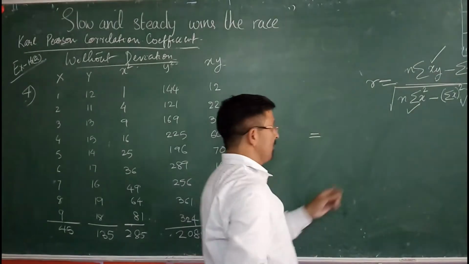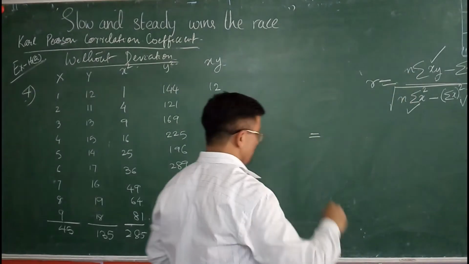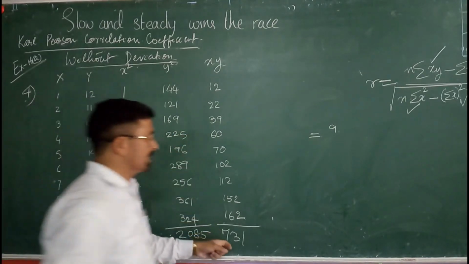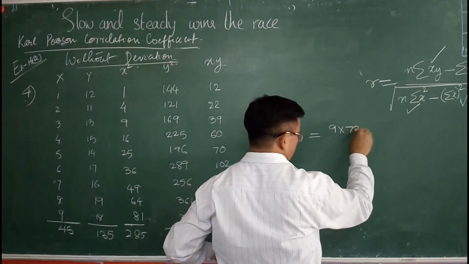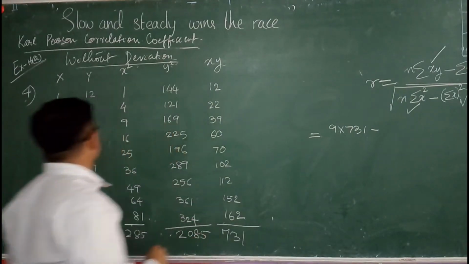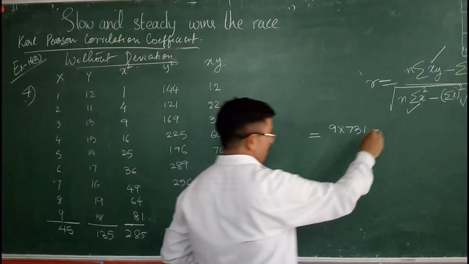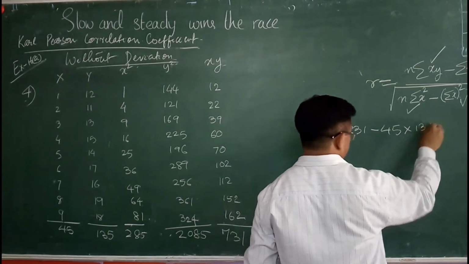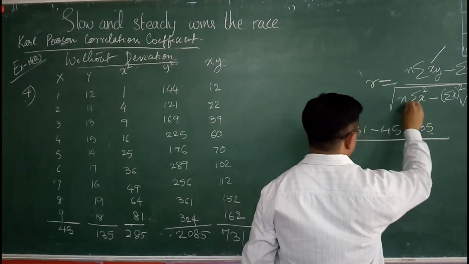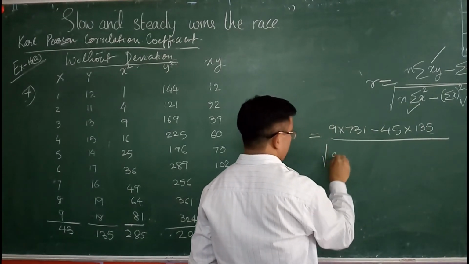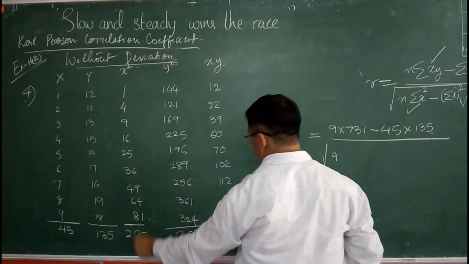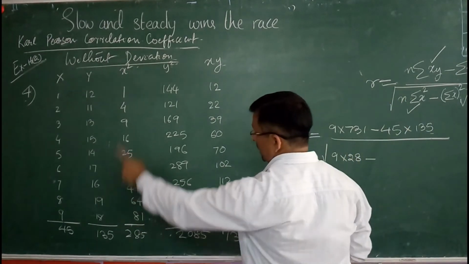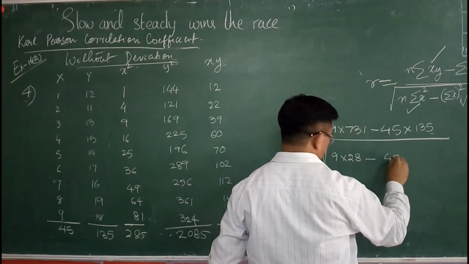So, we'll put the values. We'll put 9, then the sum of the product of x and y, 731, minus the sum of all the x, 45, times the sum of all the y, 135, divided by root over 9 into the sum of all the x square, 285, minus the sum of all the x, which is 45, and then the square of it.